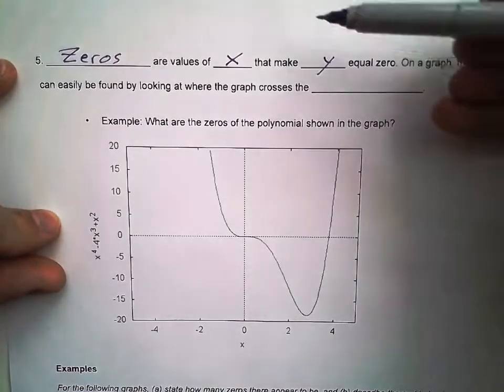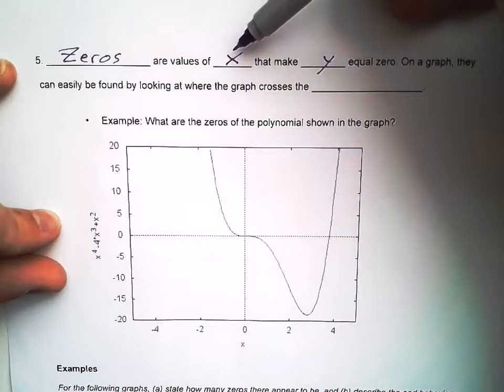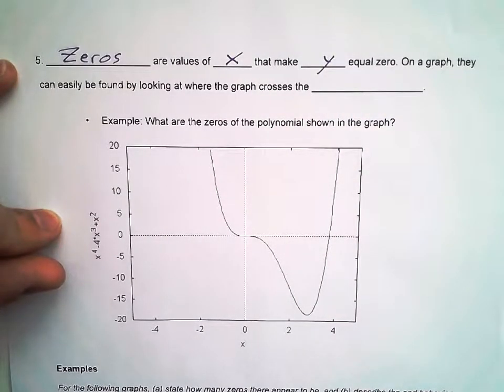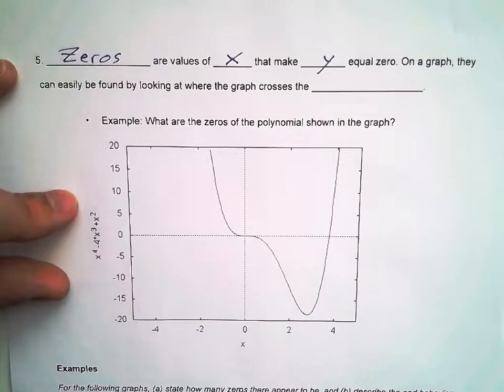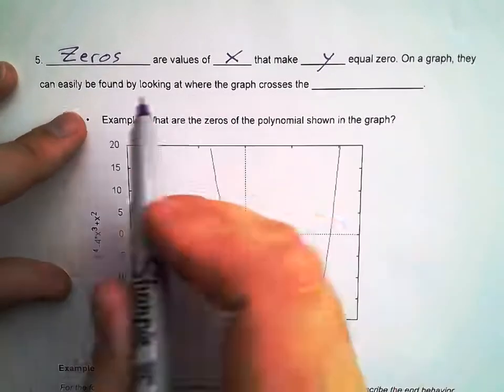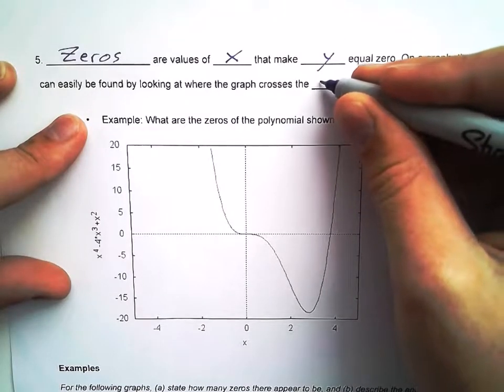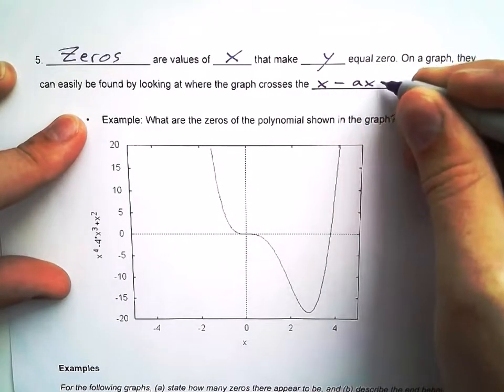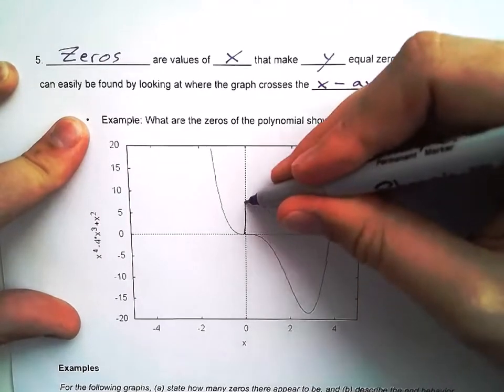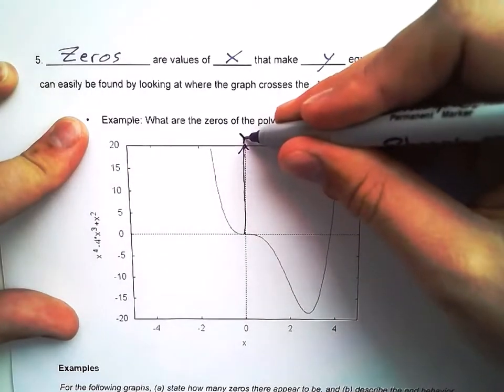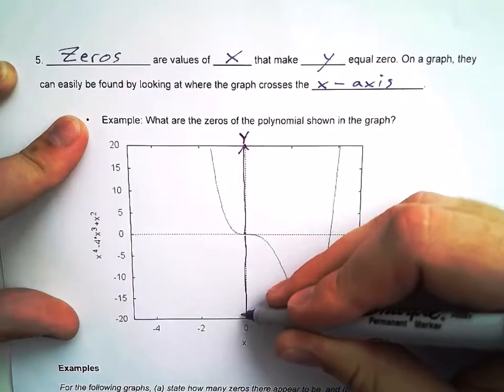So if you plug those numbers into the equation, it'll make the polynomial equal 0. And on the graph, they can be easily found by looking where the graph crosses the x-axis. Because this is the y-axis.